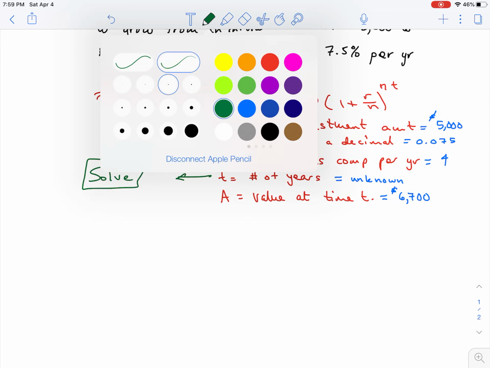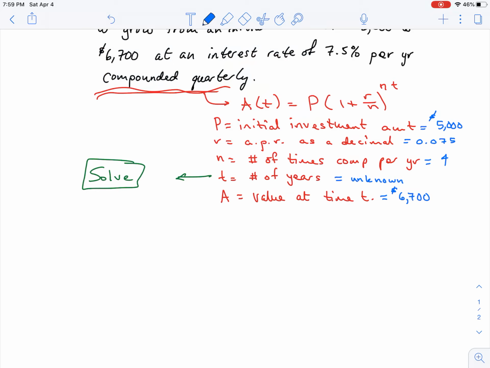Plugging all of this in, we have 6,700 is equal to the p, which is 5,000, times 1 plus the rate 0.075 divided by the 4 times per year, all raised to the 4t. And we are going to solve for t.